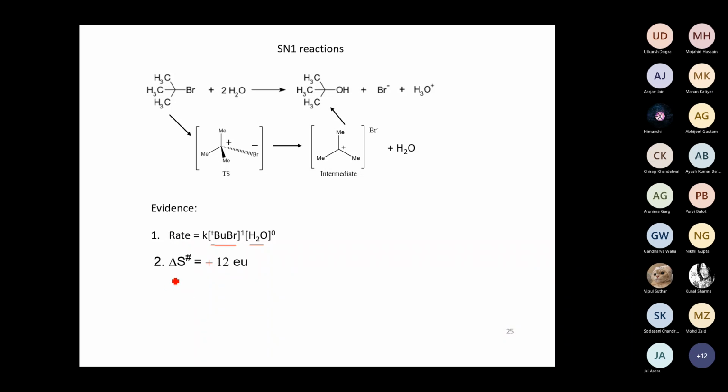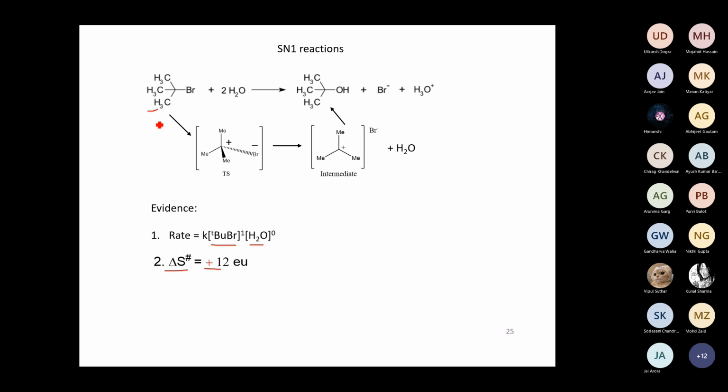The second one, which I also told last class, is the measurement of activation parameters, especially the entropy of activation. Entropy of activation is very important. Its value as well as its sign will give further evidence about the nature of the rate determining step. As I told, if the disorder or randomness in the rate determining step increases compared to the starting material, then the entropy of activation will be positive.